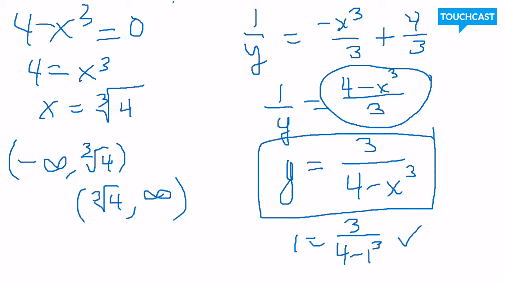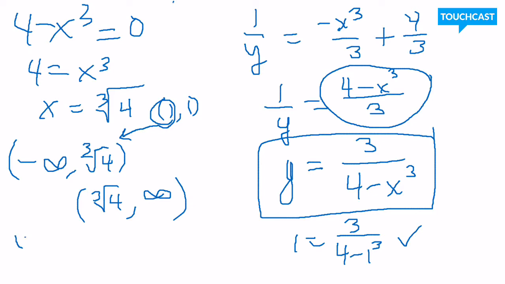The way we choose which piece is we look at that initial condition we had, which was our function must contain 1 comma 1. So with an x value of 1, is that in the domain negative infinity to cube root of 4 or cube root of 4 to infinity? Well, cube root of 4 is more than 1, so this x value falls into that piece of the domain.